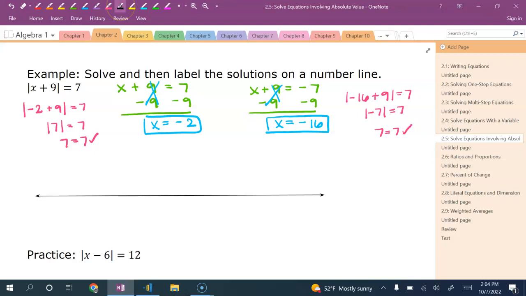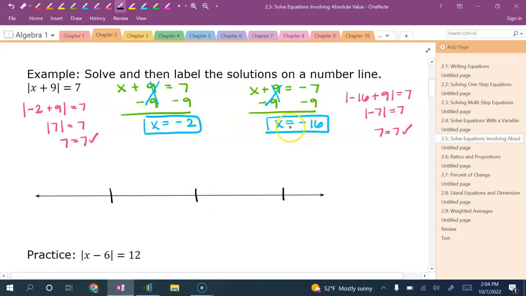Now, to graph these on a number line, I look for 3 points on your number line. I just want to make sure you can graph these numbers correctly in relation to where 0 would be. So in my number lines here, I'm going to have to put these two solutions, and I'm going to have to put 0.